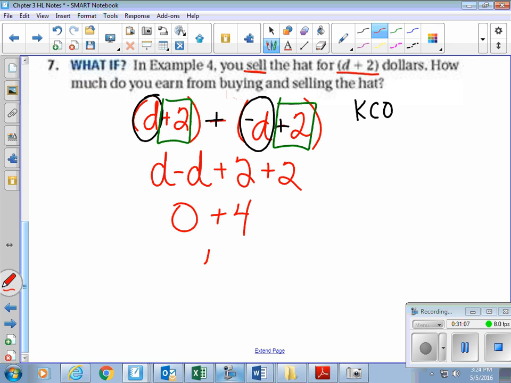And 0 plus 4 would be $4, so I earned $4 there. So that one makes more sense because there's no variable involved. You just made $4 by selling it for D plus 2.